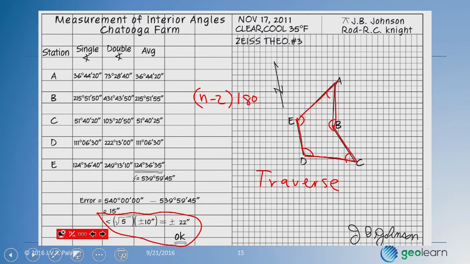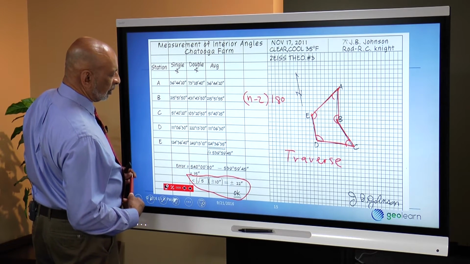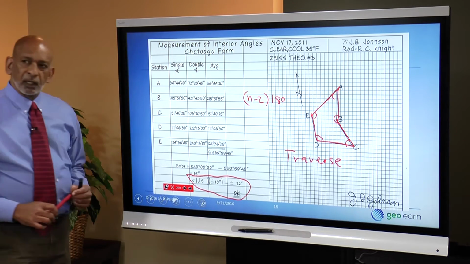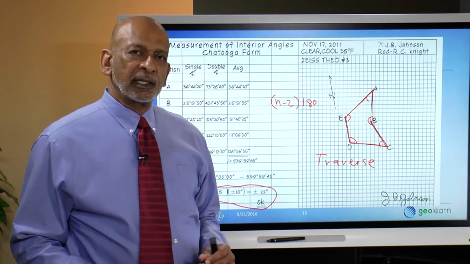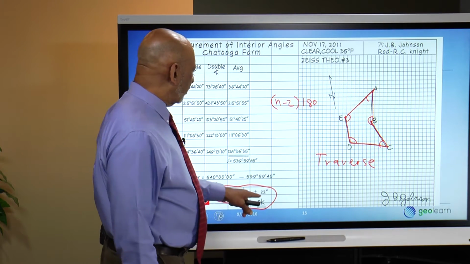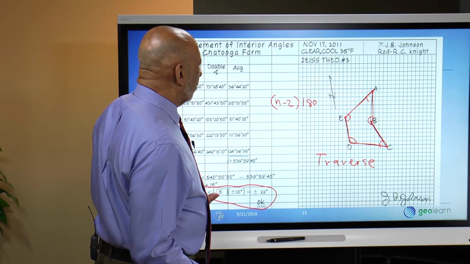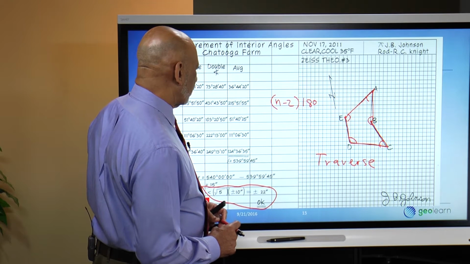And in this case, the person doing these field notes decided that with the instrumentation and techniques they were using, it was reasonable to have a plus or minus 10-second error. So they said 10 seconds times the square root of 5 comes out to 22 seconds. So that would be the maximum error that perhaps you would tolerate.